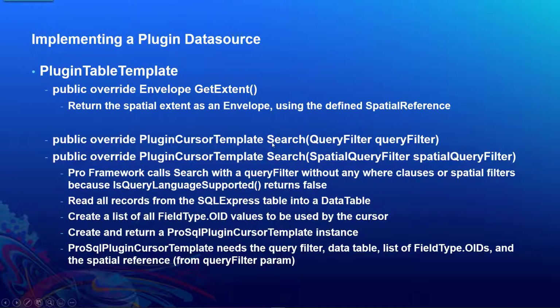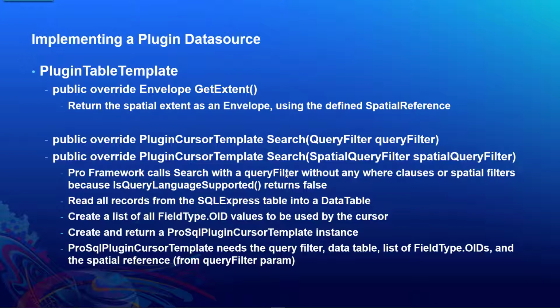Now the search methods. Again, the Pro framework calls search with a query filter without any where clauses or spatial filters, because remember the isQuery language supported method returns by default a false.